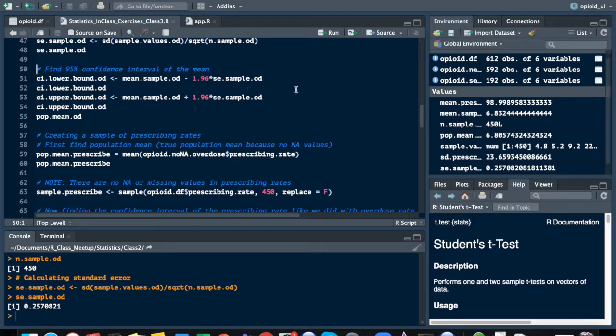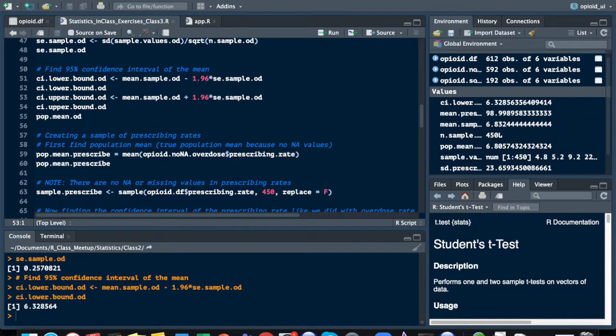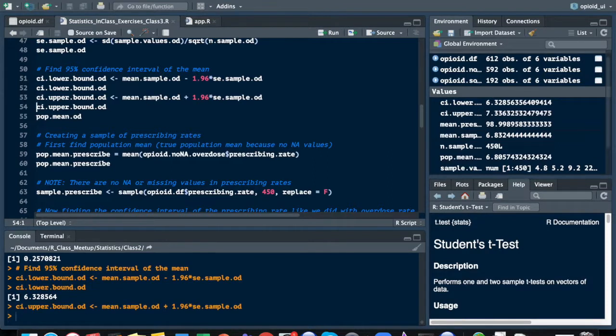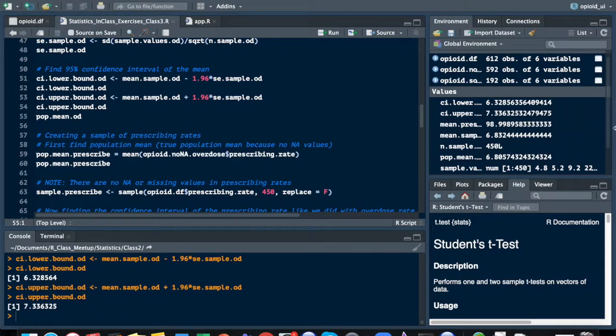So that is our lower value, and we're seeing it's 6.3. Now we're going to calculate our upper value, which is exactly the same. We're just adding 1.96 times the standard error. Now we're seeing our upper error value to be 7.3.